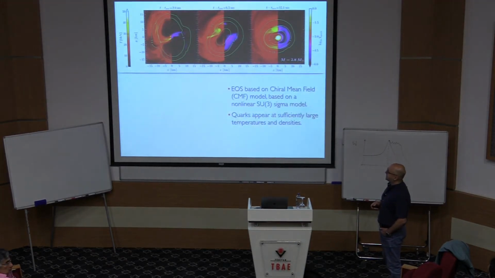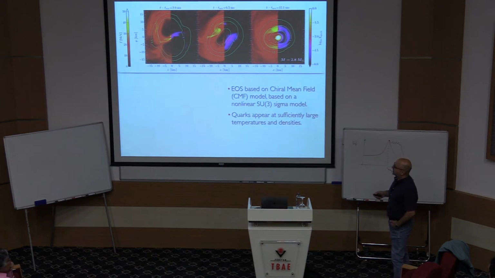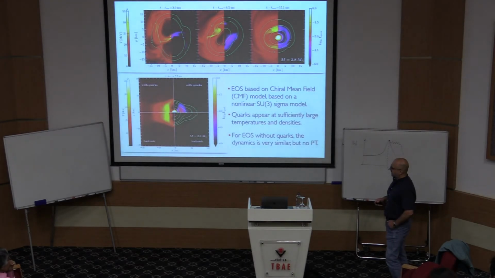You can see this better maybe in these snapshots. Where there is high temperature, there is also high quark fraction, and this is very close to the collapse. There is a large quark fraction in the core. This takes away pressure, and you are doomed to collapse to a black hole.